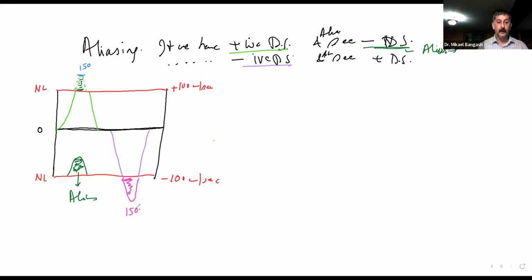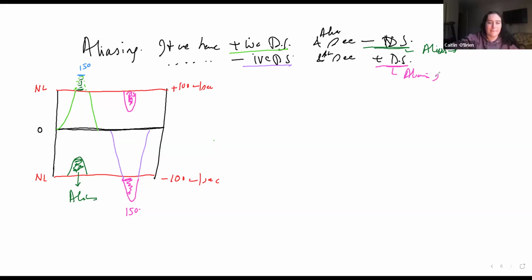This part here will appear here as a net positive Doppler shift on the side of the positive Doppler shift of our graph. And that will be your aliasing. Did you guys get that? Clear? Yep. Good.